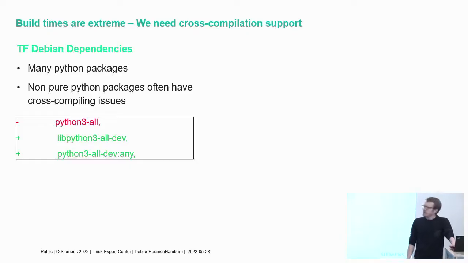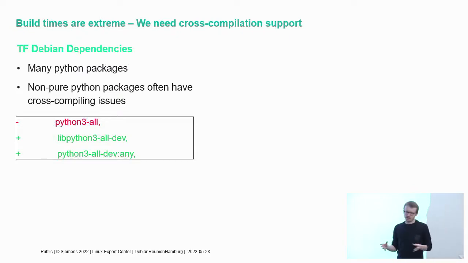Time is running. Next problem we had: cross-compiling and dependencies. As I said, we use some system dependencies, and we have a lot of Python dependencies. There we had the problem that not all Python dependencies are packaged properly, and by that some of the dependencies could not be installed before building.